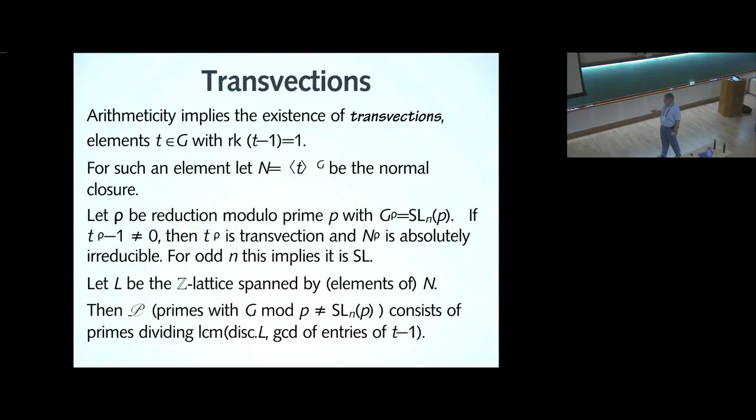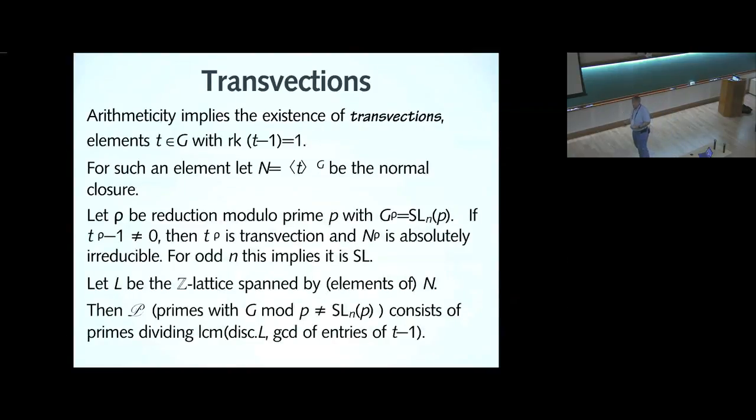So for the case of SL, or in general for the case of Sp, if we have a transvection, then we just use the N we have. We look at the Z lattice spanned by the elements of N. It must have full rank, otherwise our group clearly cannot be arithmetic.